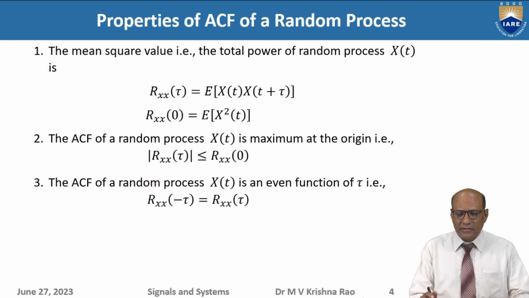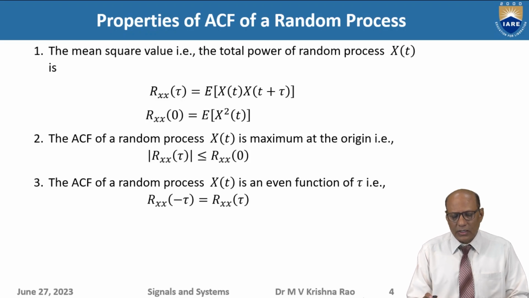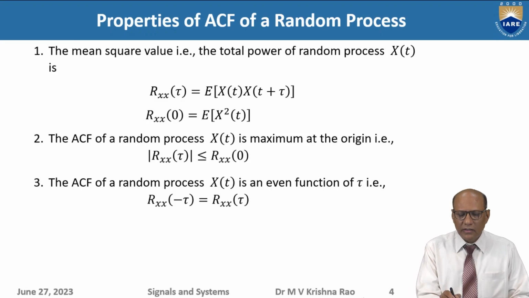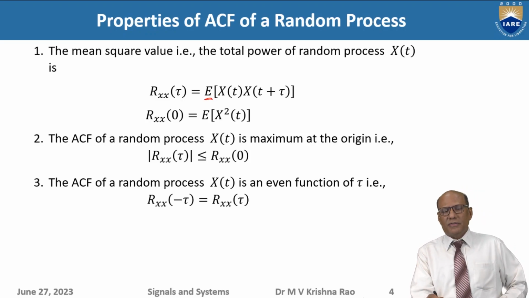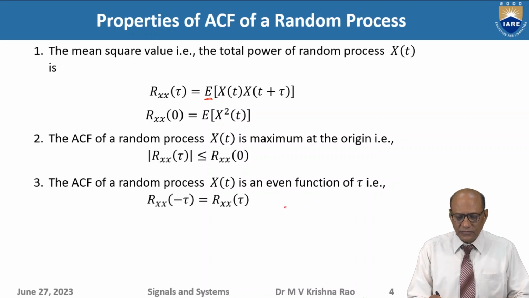Now let us talk about the properties. The properties are almost similar to the autocorrelation function of deterministic signals, but here only the expectation operation will be there. It is an ensemble operation basically.